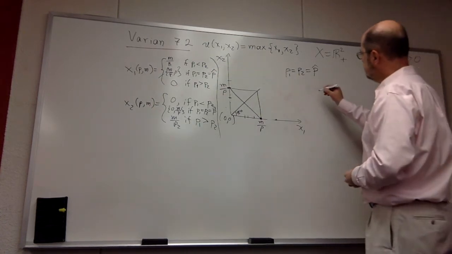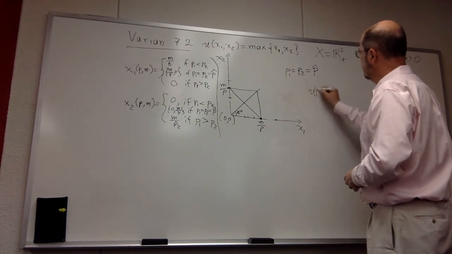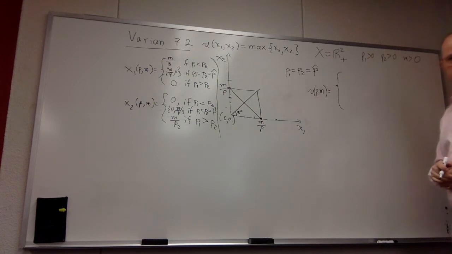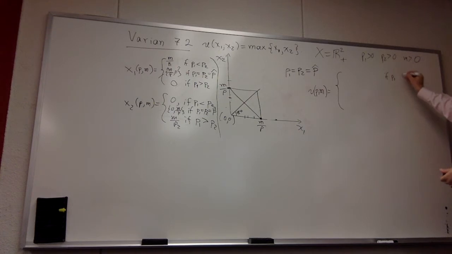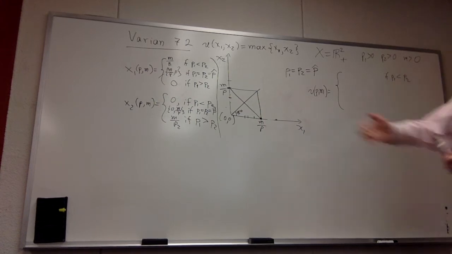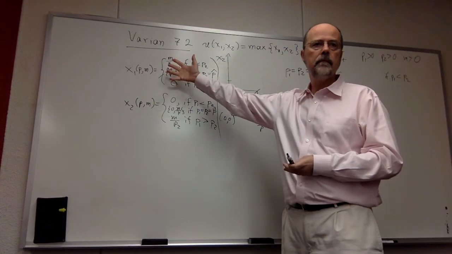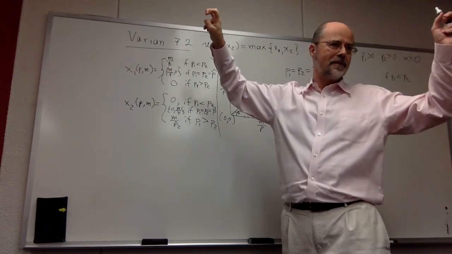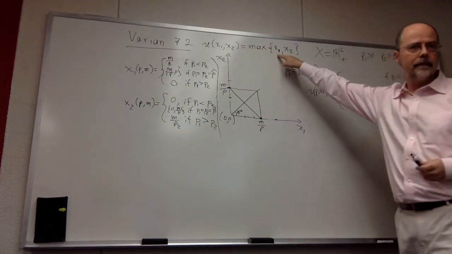So, to find the indirect utility function, let me then prepare myself. So first, if P1 is less than P2, right? So what am I supposed to do? I'm supposed to take these x1 of P, M, the demand so-called functions, and put them in here, right?